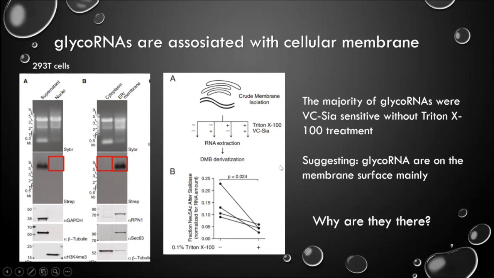Overall, this experiment showed surprisingly that it's not really important whether Triton X treatment happened or not for the sample. Anyway, there was a decrease of sialic acids in the sample after enzyme digestion. However, some decrease was also observed after 0.1% Triton X treatment for the Neu5Ac sialic acid, suggesting that the glycoRNA localization is most probably on the membrane surface, but could also be inside.